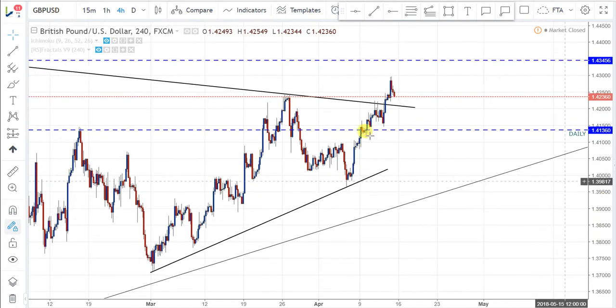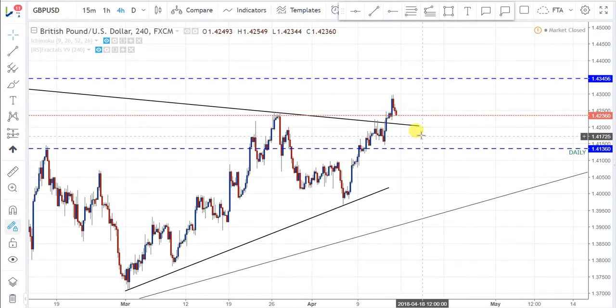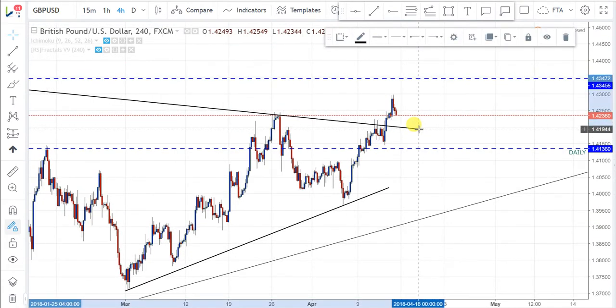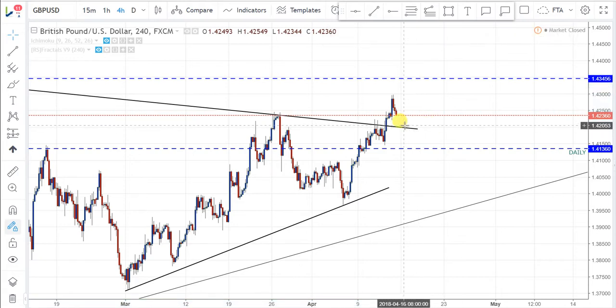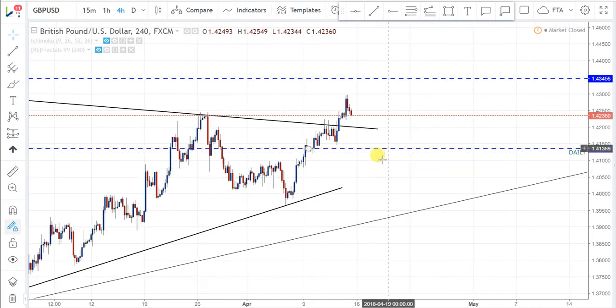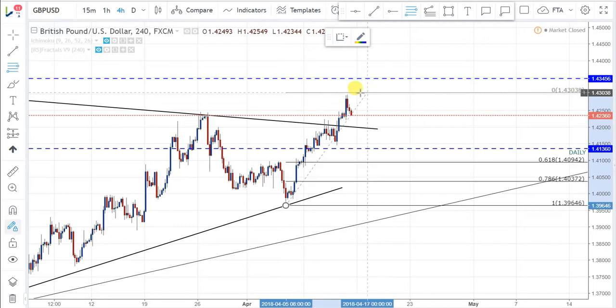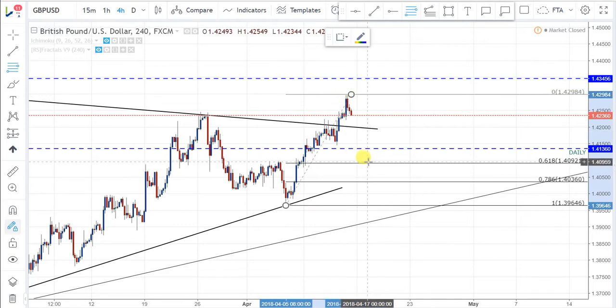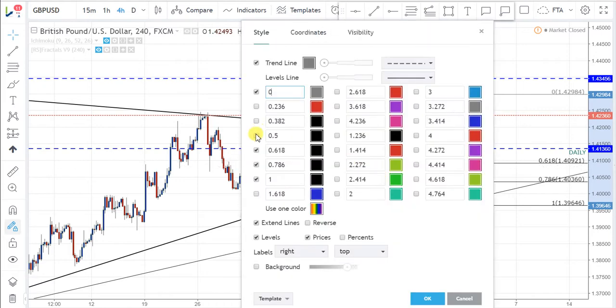So looking at the 4 hour, you see our trend line. Trend line in this area, 1.42 area. So if you look at, let's say, that Fibonacci retracement area, let me bring up the 50%.